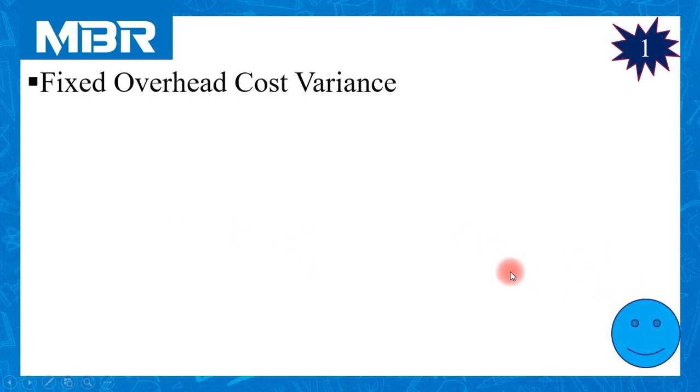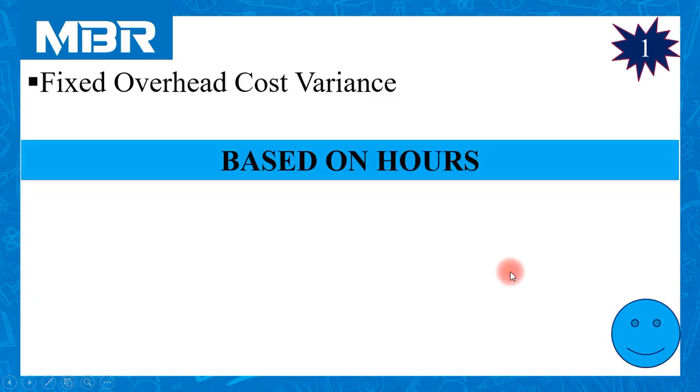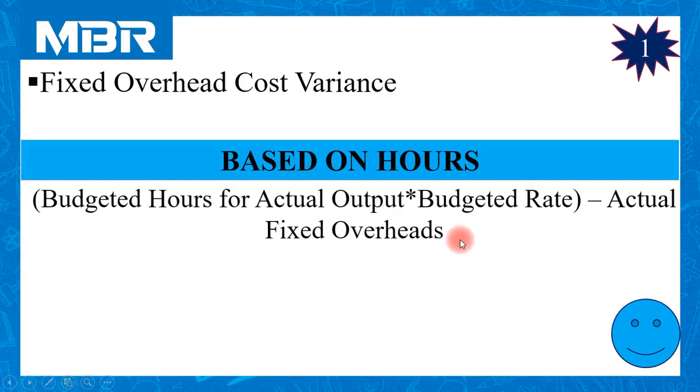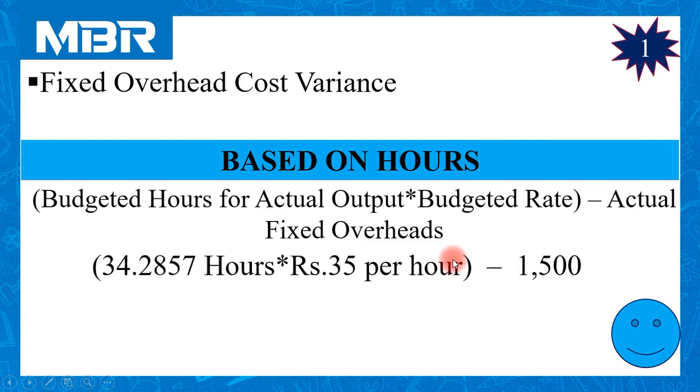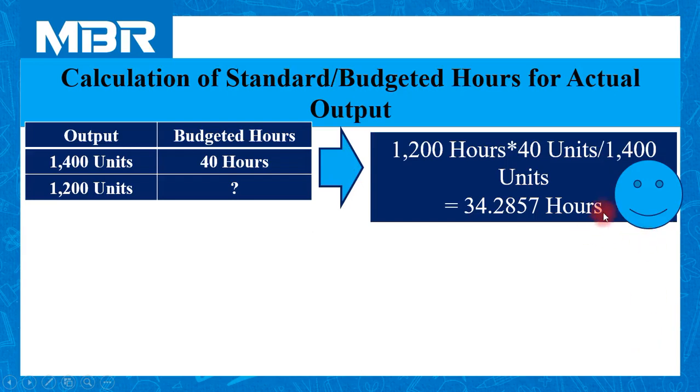The second one is based on hours. Budgeted hours for actual output multiplied by budgeted rate minus actual fixed overheads. We have completed calculation of standard hours for actual output over here. It is 34.2857.